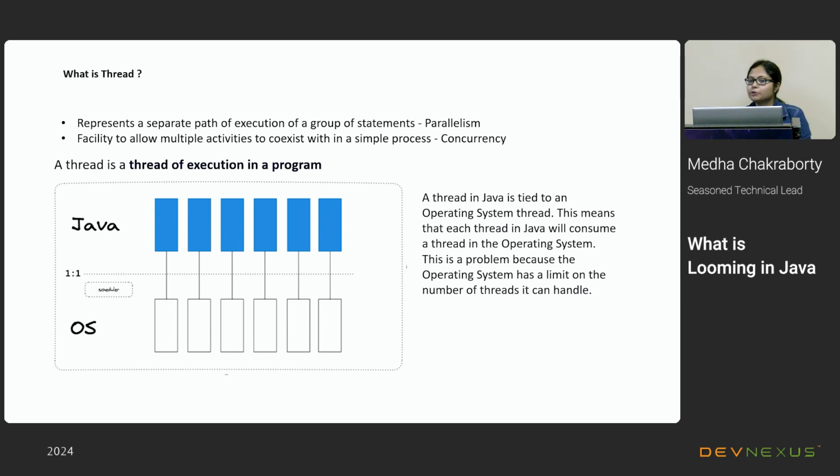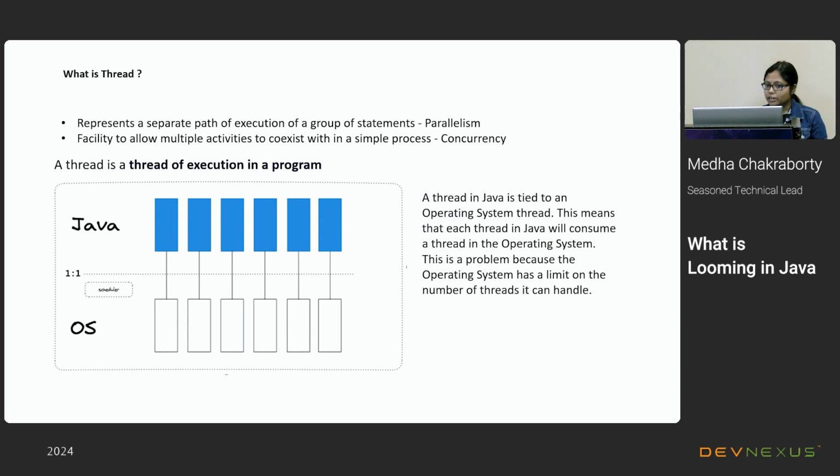A thread represents a separate path of execution of a group of statements. That is called parallelism. Like I am walking now and I'm also talking. So I'm doing two jobs in parallel. You can think of one thread which is walking and another thread which is talking, and this is called parallelism in case of threads.